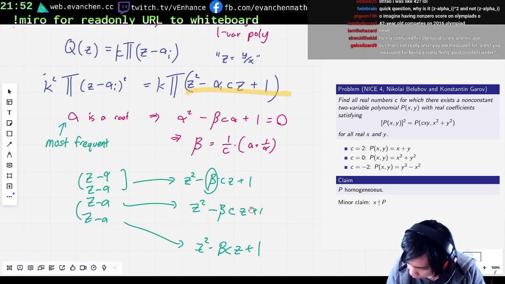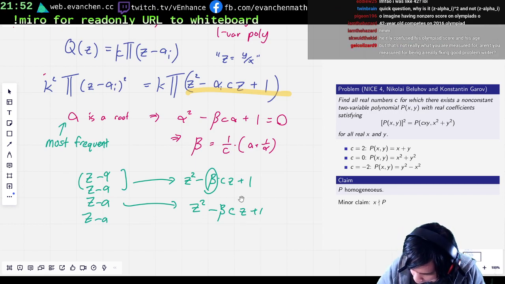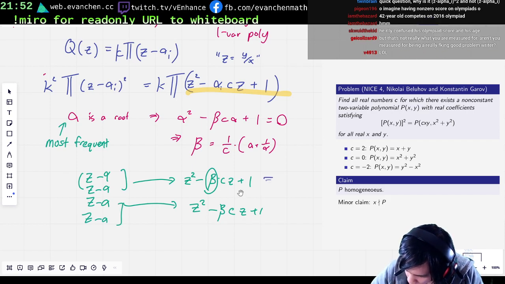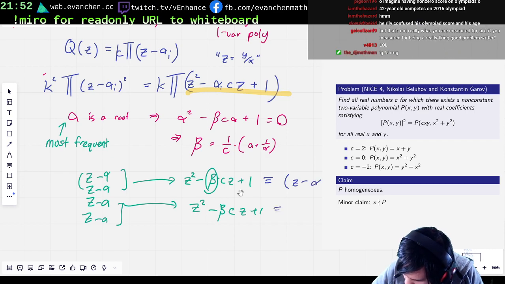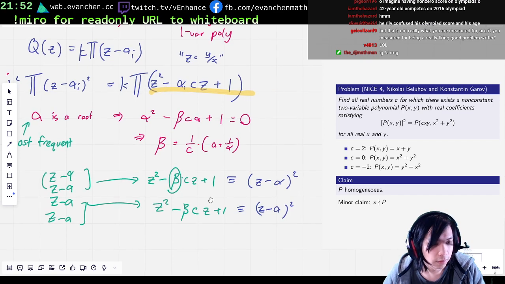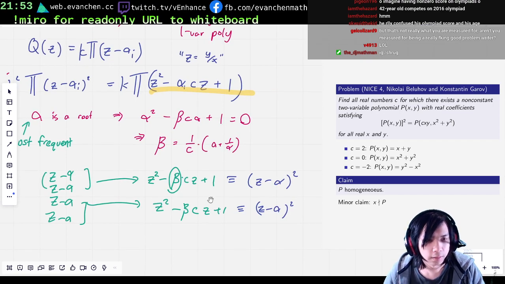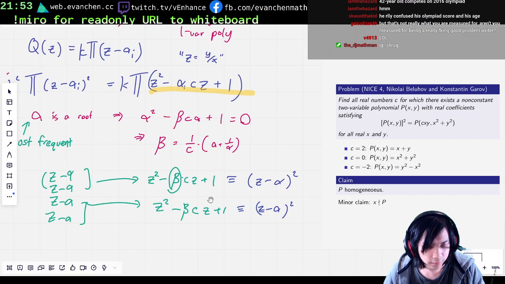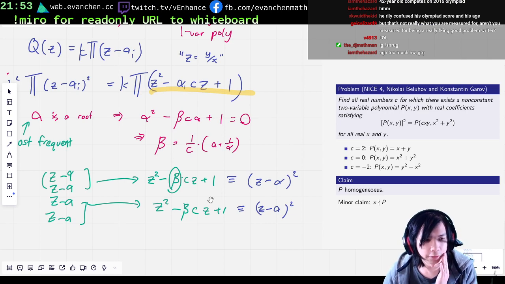So this shape can't happen, and in fact, when I have the beta like this, this must exactly be equal to z minus alpha squared. Yeah, that's the only way it could happen.